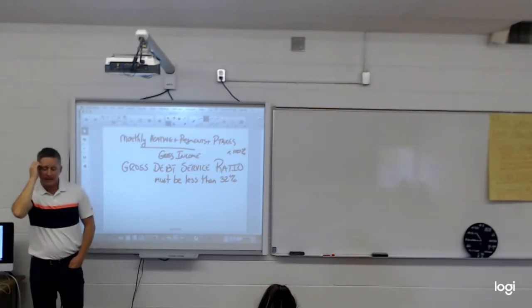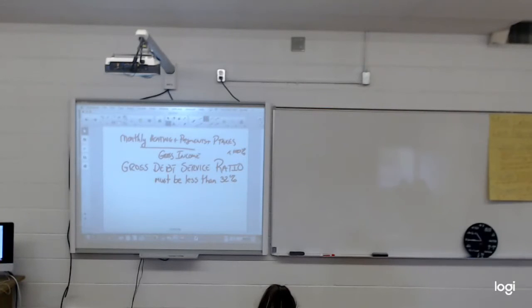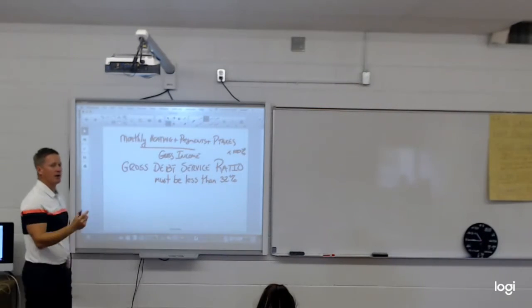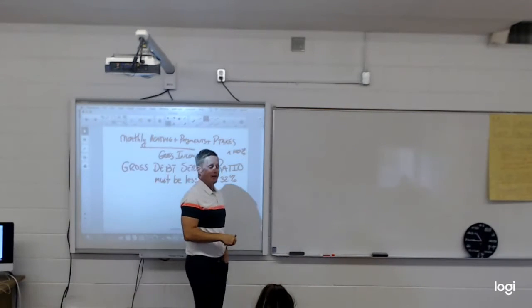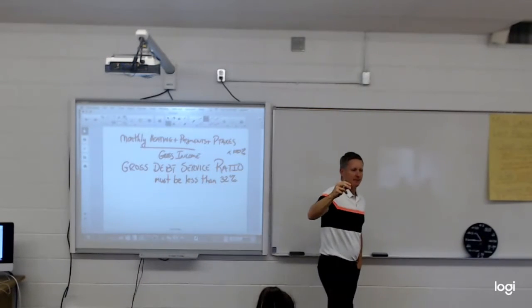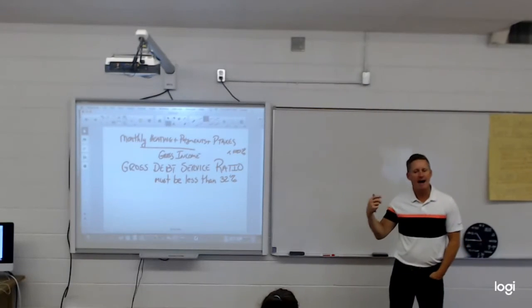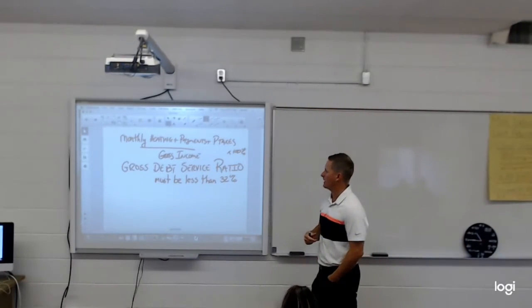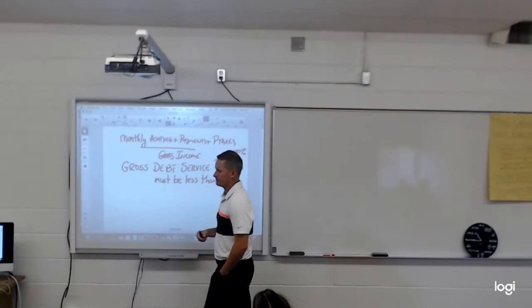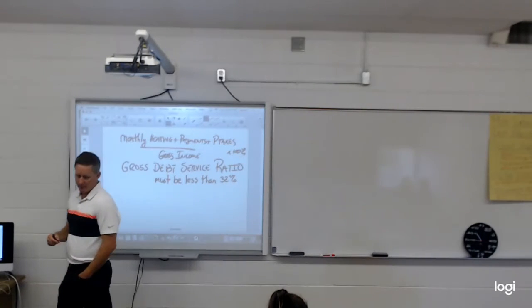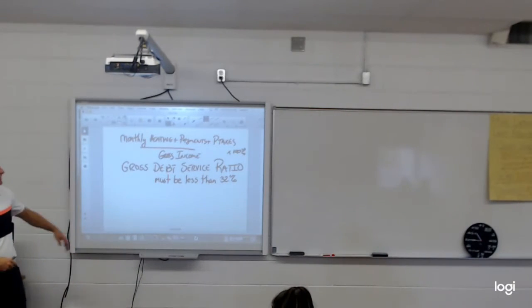It's called gross debt service ratio, and your gross debt service ratio must be less than 32% or they will not give you the loan. Then there's a little chart that adds in these values, and it'll give you the maximum that you can afford on a house. But just make a note of this for today.